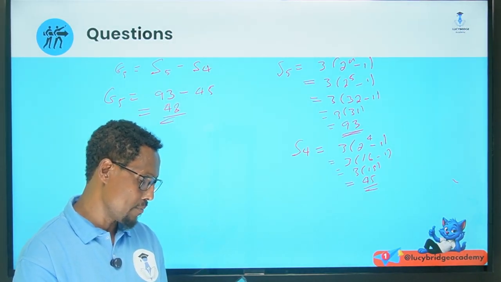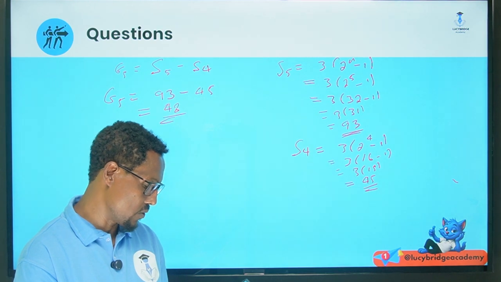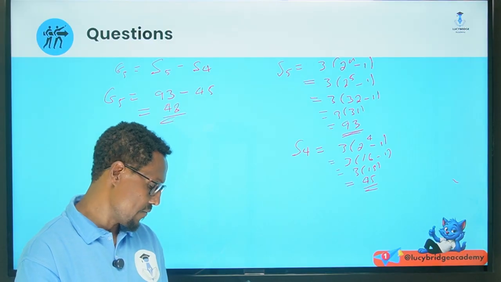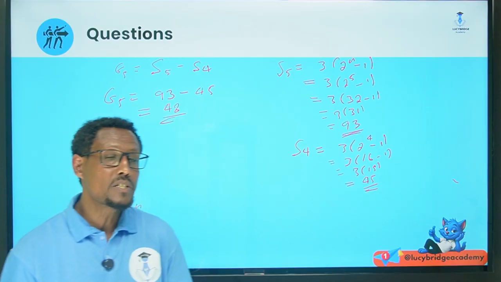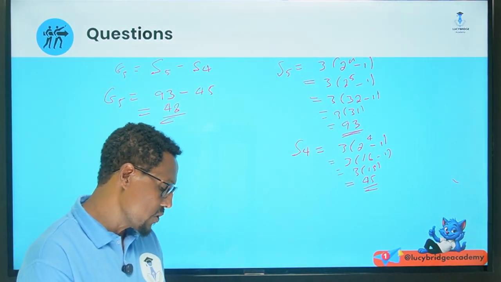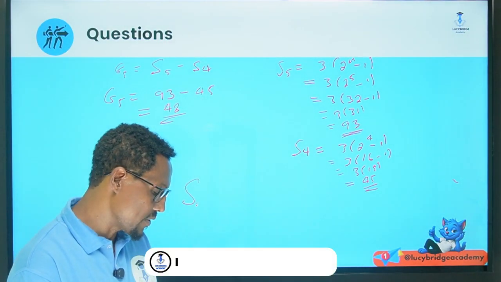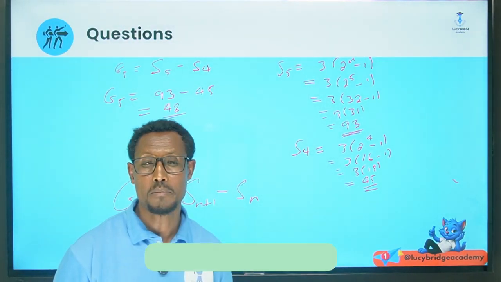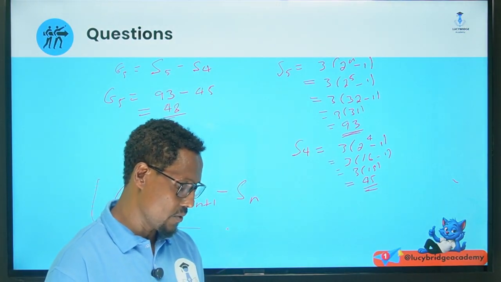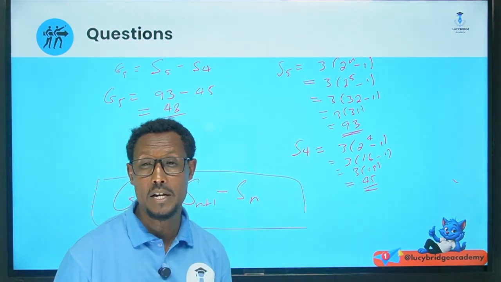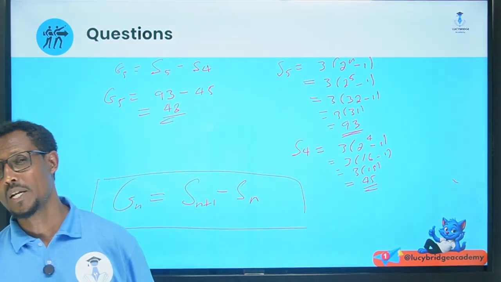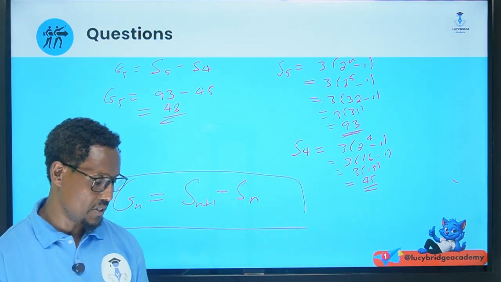Gn means the nth term, which is equal to the sum of the first n plus 1 terms minus the sum of the first n terms. Using this formula, we can relate the nth term to the sum of the first n plus 1 terms and the sum of the first n terms.